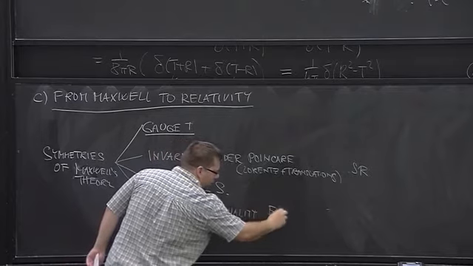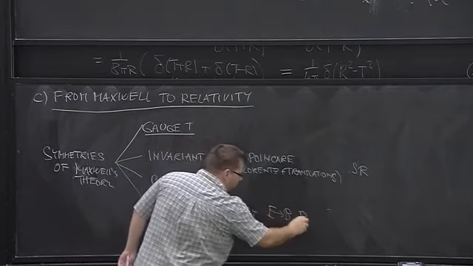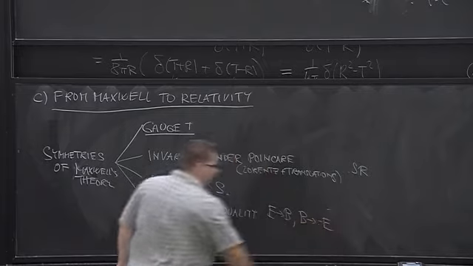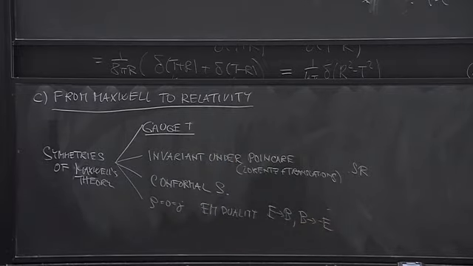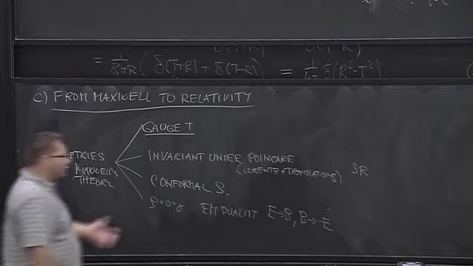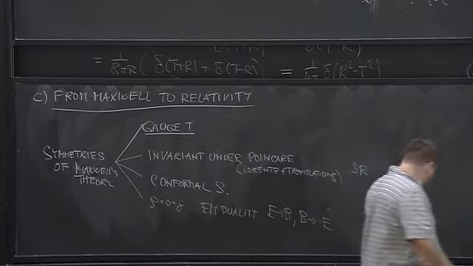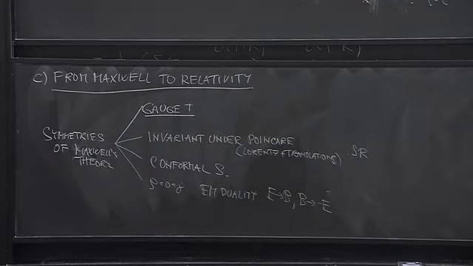Basically, you can change E to B and B to minus E, and the equations remain the same. So all these symmetries are hiding in Maxwell's theory, and that's why it's really a prototype of everything you know about modern physics at this point.